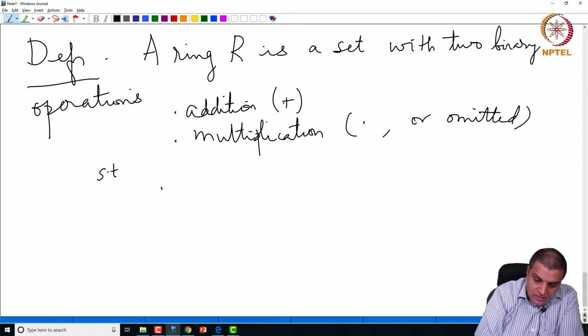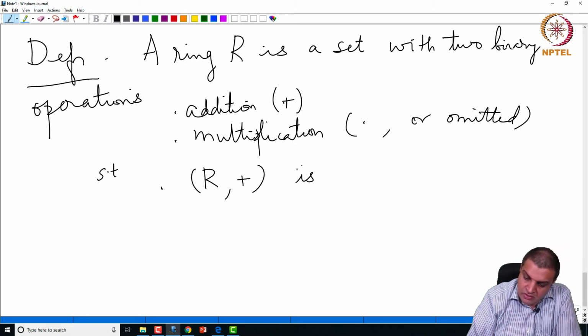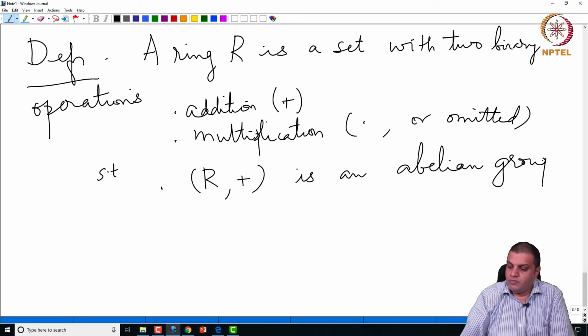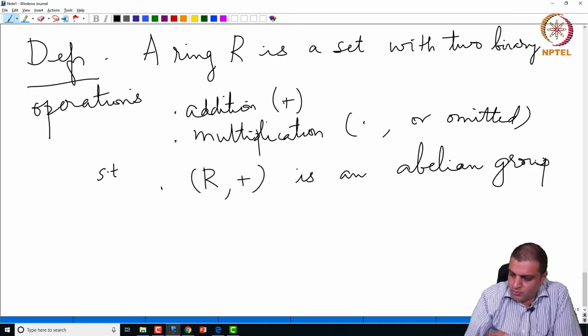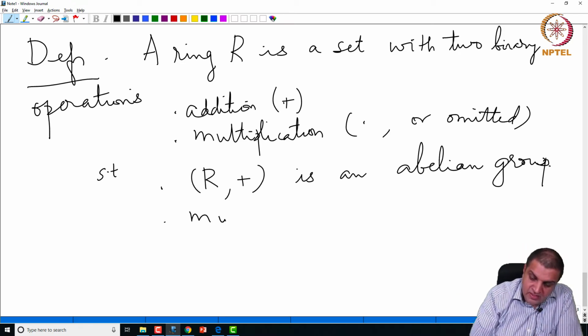under addition, so if you take the set with this binary operation plus, this is an abelian group. Multiplication is associative.